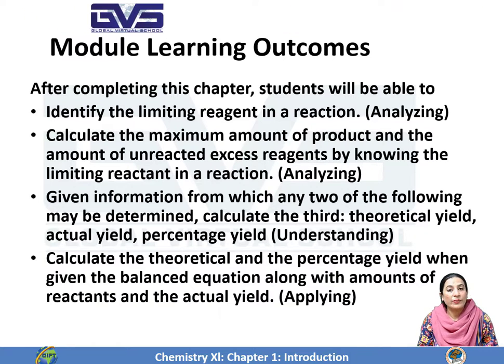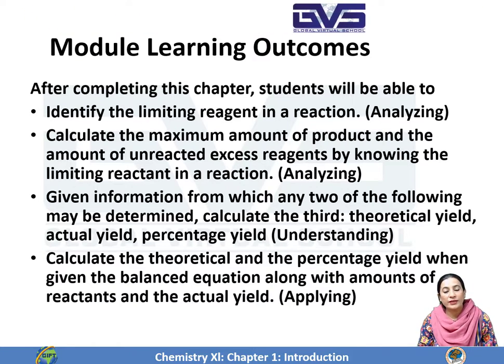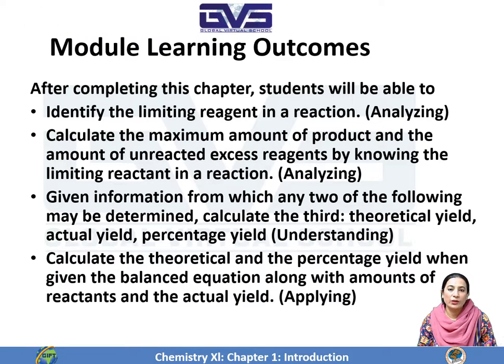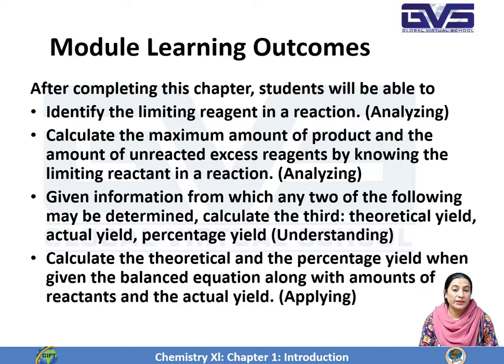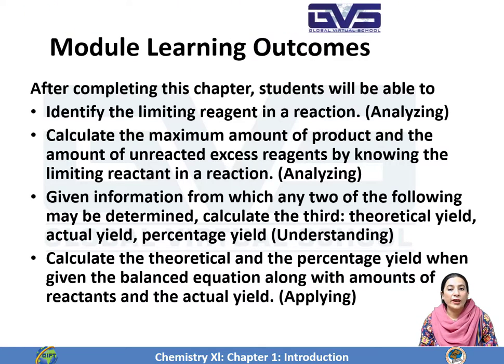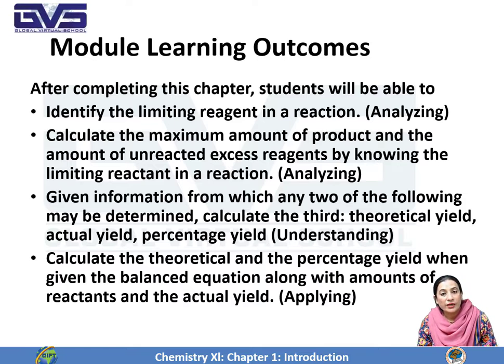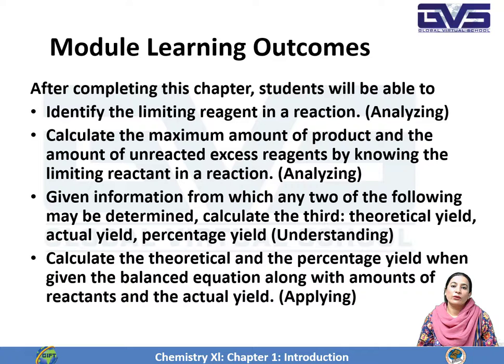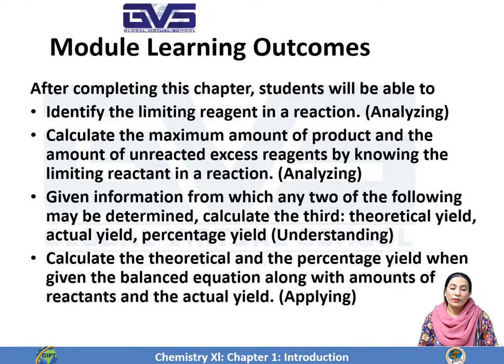Even students, you will be able to calculate the theoretical yield and the percentage yield when given the balanced chemical equation and the mass or moles of some reactant, then you will calculate the theoretical yield, and if you are given the actual yield, then you will be able to calculate the percentage yield.